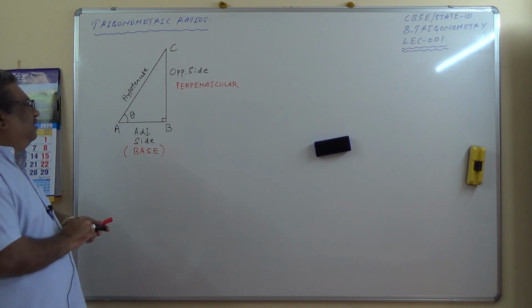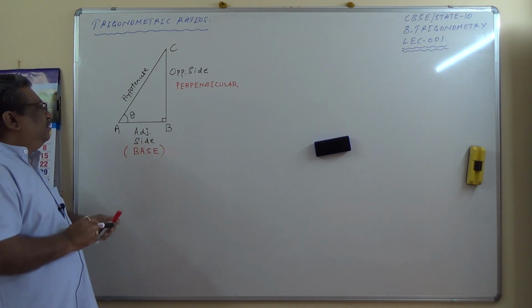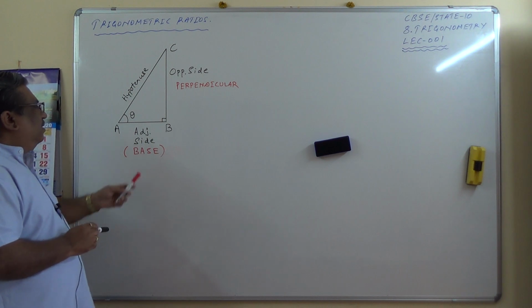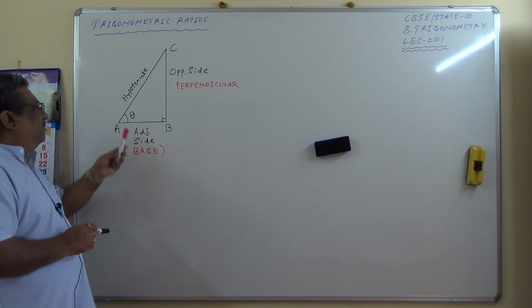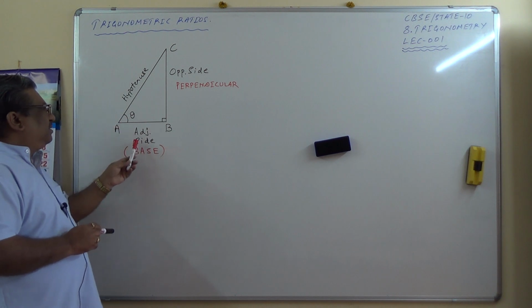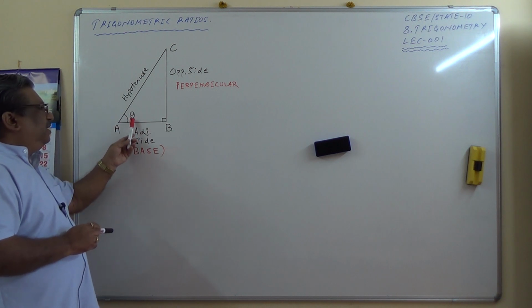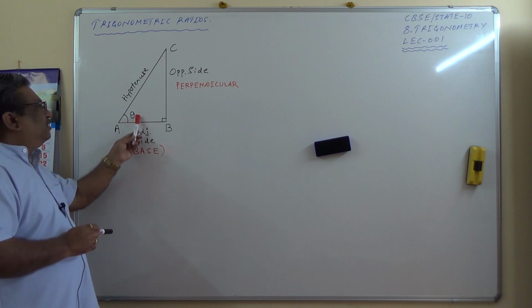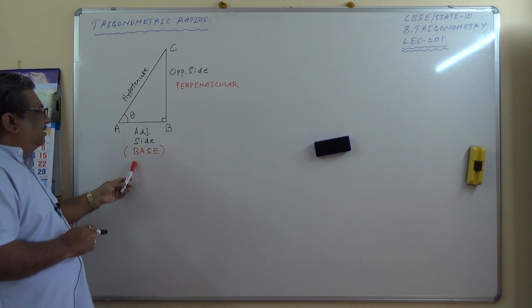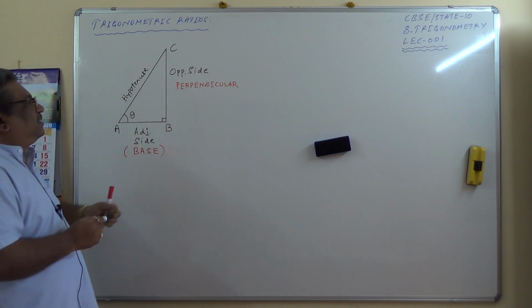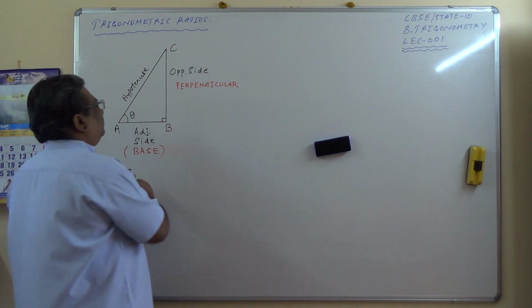This is a right triangle ABC, right angled at B, and theta is the reference angle. With respect to theta, AB is the adjacent side, adjacent to theta, and opposite to theta is the opposite side. The adjacent side is also called the base and the opposite side is also called the perpendicular.